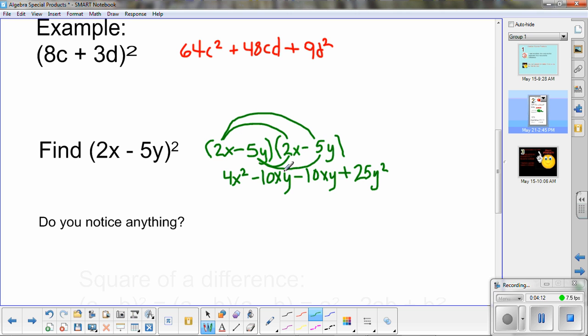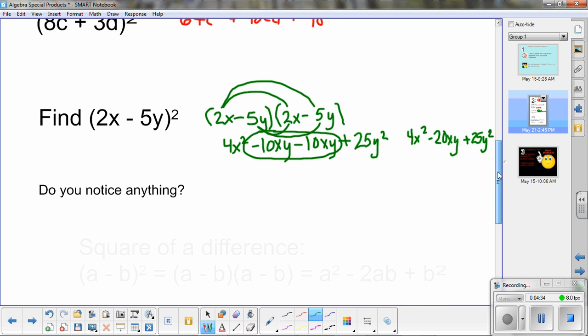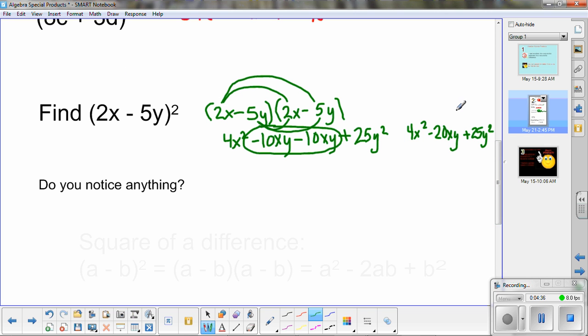Now when we simplify this by combining like terms, if I put these xy's together, I end up with 4x squared minus 20xy plus 25y squared. Do you notice anything about what we ended up with and what we started with?